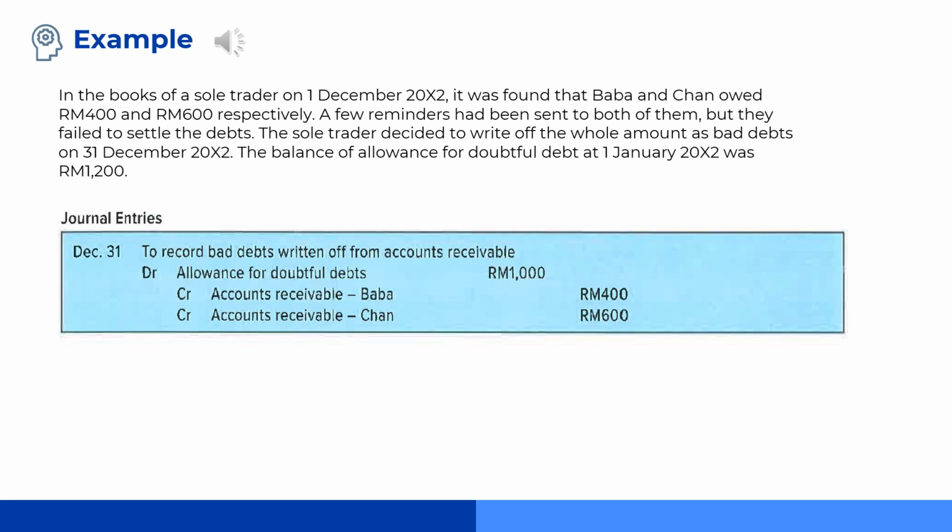So how we want to record this transaction is to record the bad debts written off from accounts receivable, with a debit to allowance for doubtful debts of 1,000, which is 400 from Baba plus 600 from Chen.